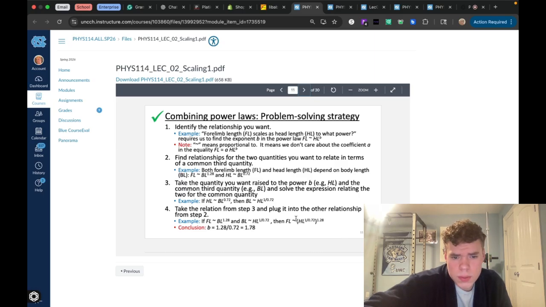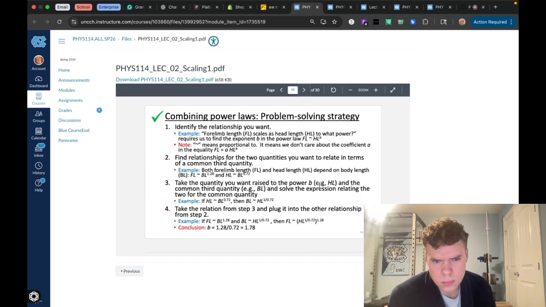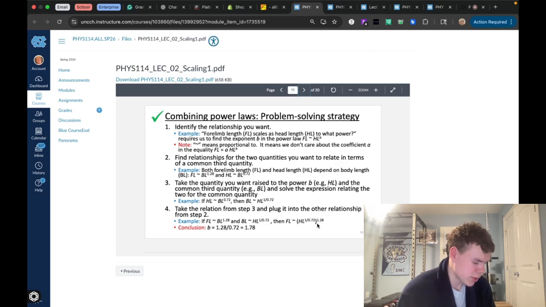B equals... Are they just saying for that one, they're just putting 1.28 over that instead of 1? I think that would make sense.